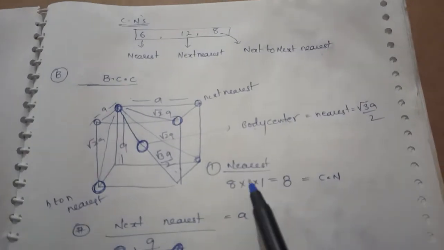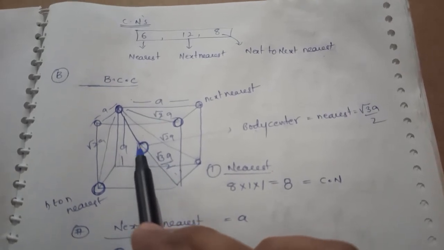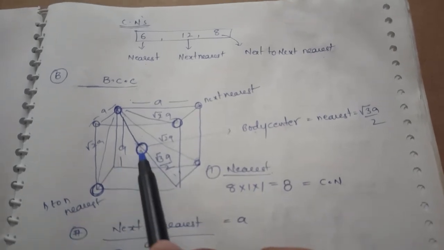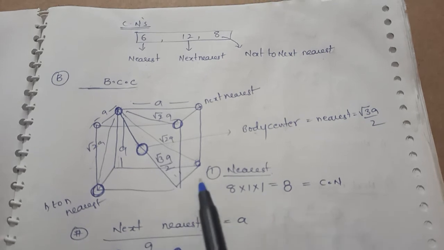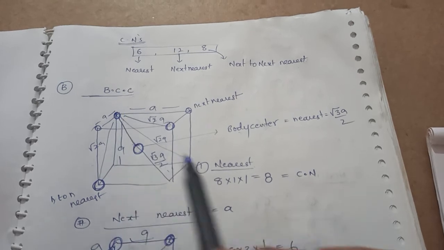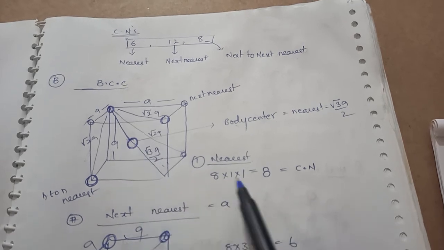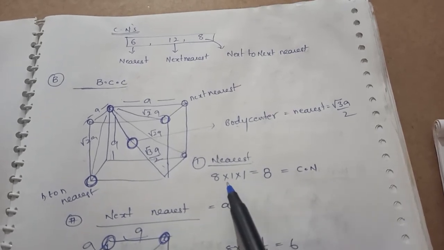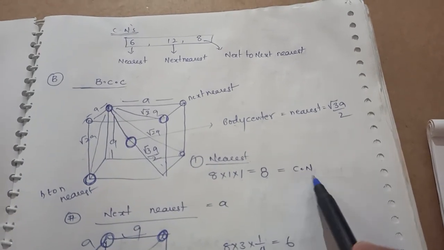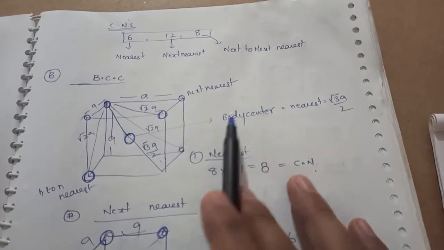For the BCC, this is the nearest. It is sharing among how many cubic cells? This is 1, because it exists at the body. So 8 into 1 into 1: one atom is there in one unit cell, and this particular one is sharing among 8 unit cells, then the coordination number is 8. So the BCC structure has coordination number 8 for the nearest one.